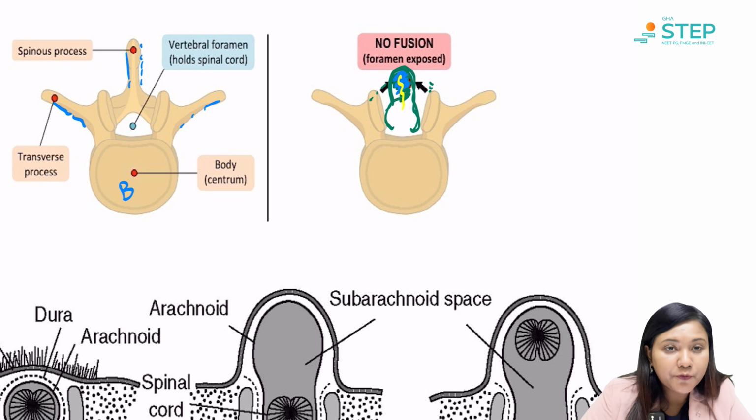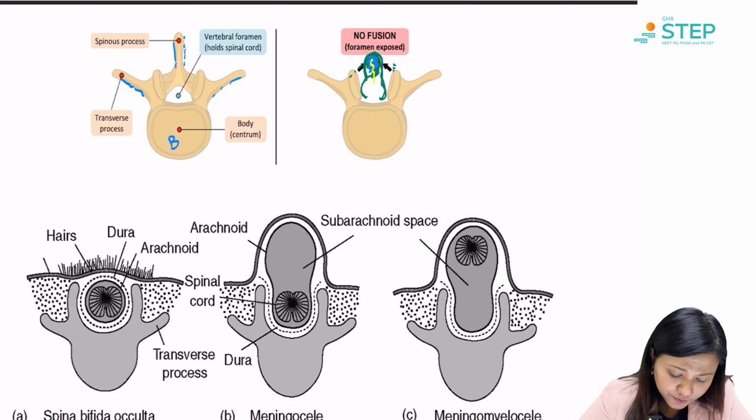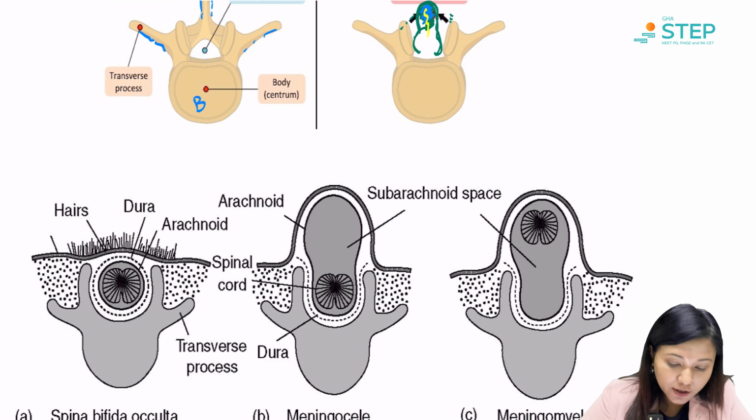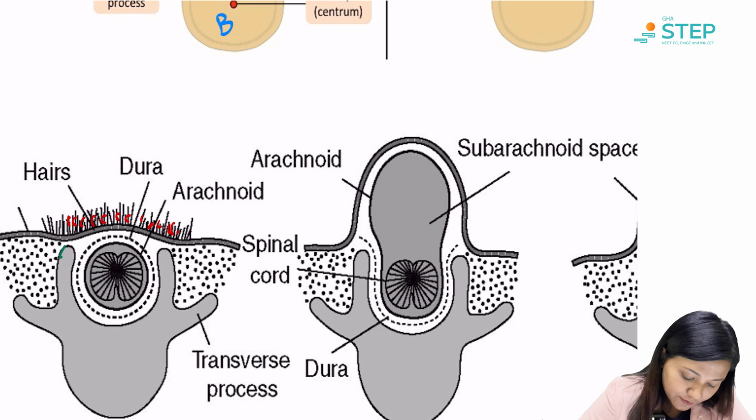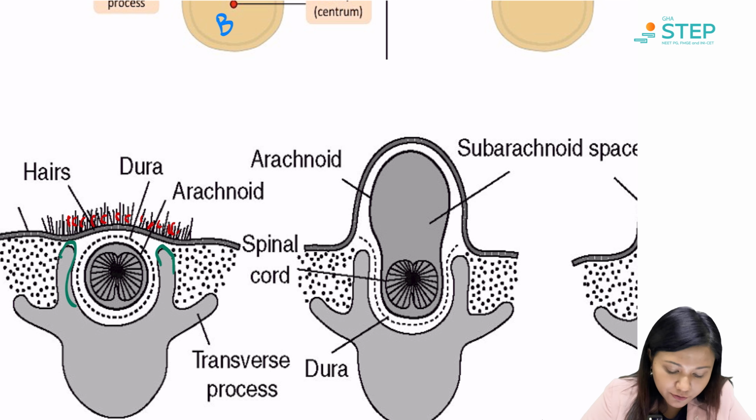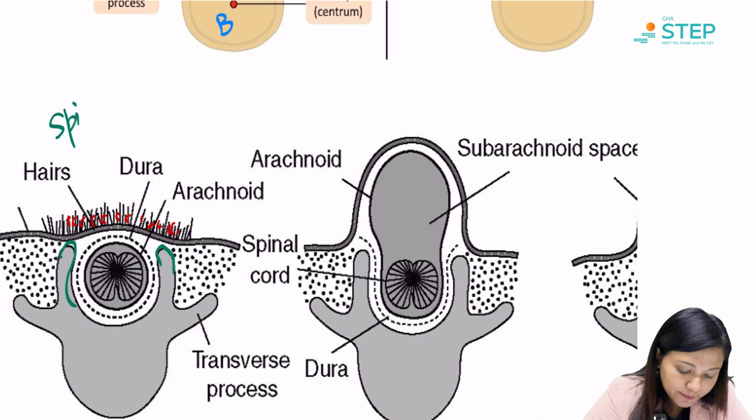As you can see here, occulta means hidden, you will only have the tuft of hair. The vertebral arches are not developed, but the contents of the vertebra are intact, nothing is protruding out. So this is the spina bifida occulta.